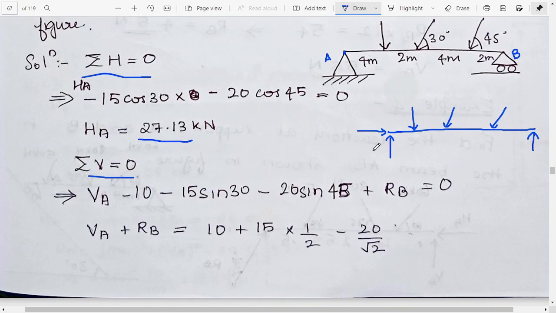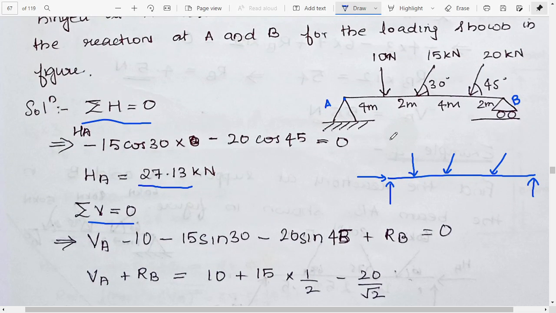Then we'll do the summation of MA. Summation of MA here will be minus 10 into 4 minus 15 sin 30 into 6 minus 20 sin 45 into 6, then RB into 12.